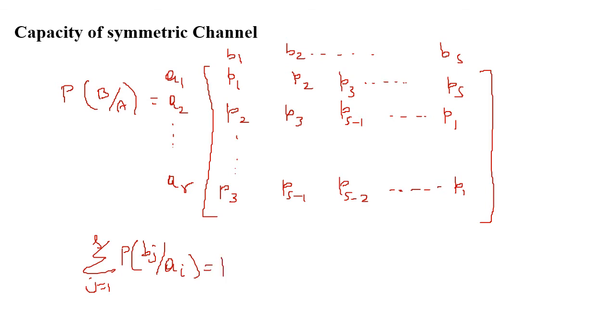But all the R rows have the same elements P1, P2, P3 and so on, so we can write the same equation in a different form: summation over j equal to 1 to S of P of bj, instead of writing P of bj by ai, should be equal to 1.